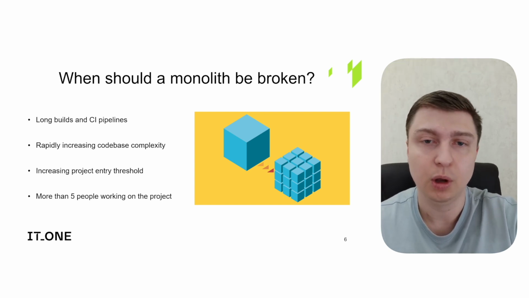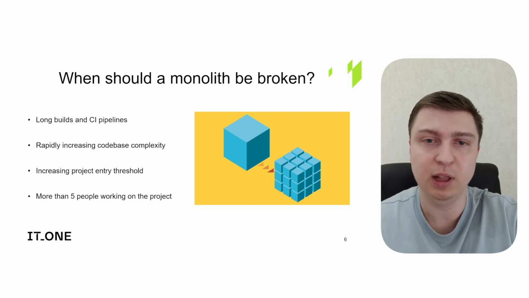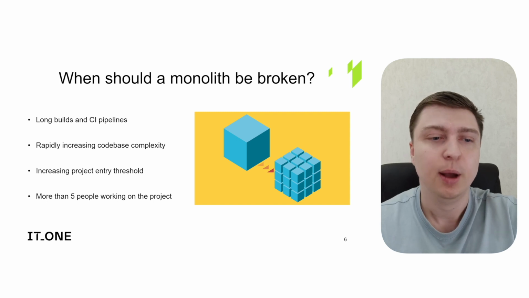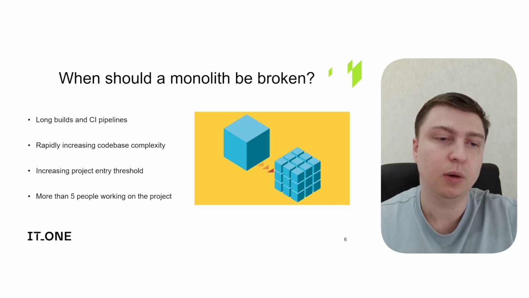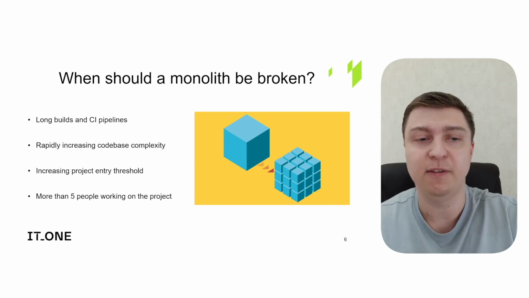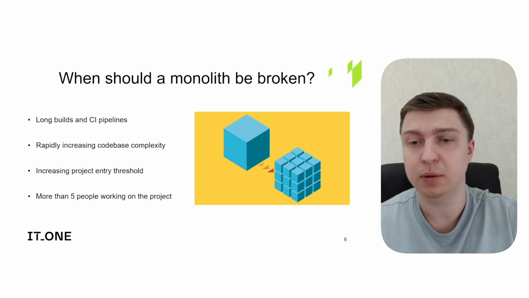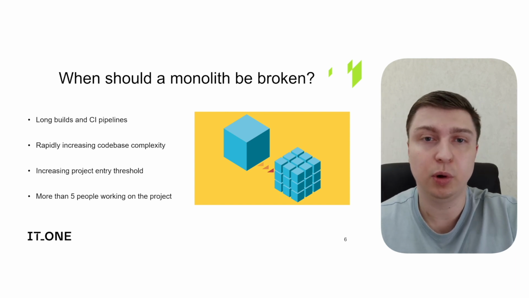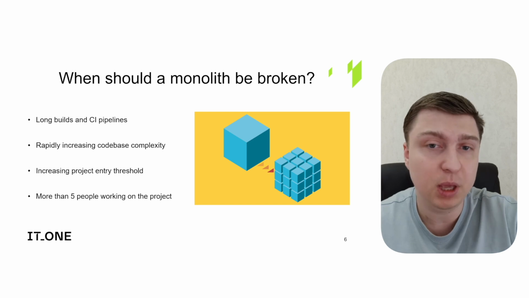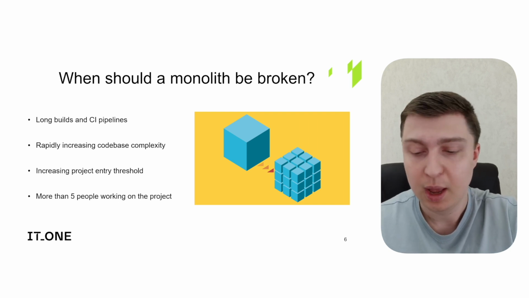For example, when on your project you can onboard only a senior developer, it's a trigger. And the last one, it's more subjective, when more than 5 people are working on the project. Of course, there are situations when 15 people work on the project, and it's a really good decision to use monolith there. So these are my subjective triggers.